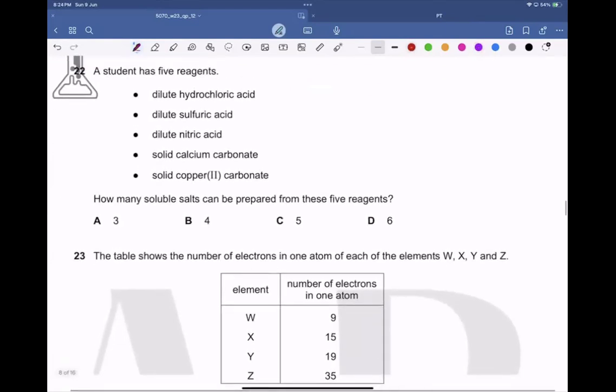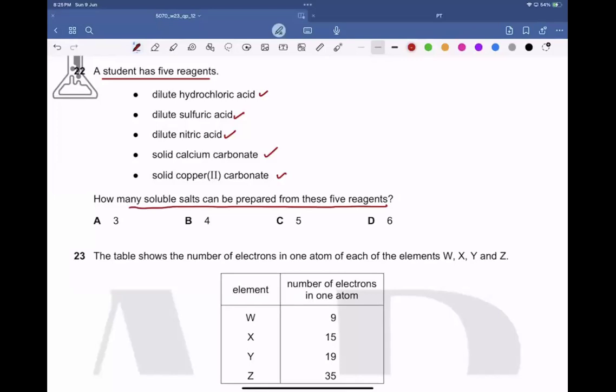Question number 22. A student has 5 reagents: dilute hydrochloric acid, dilute sulfuric acid, dilute nitric acid, solid calcium carbonate, solid copper 2 carbonate. How many soluble salts can be prepared from these 5 reagents?